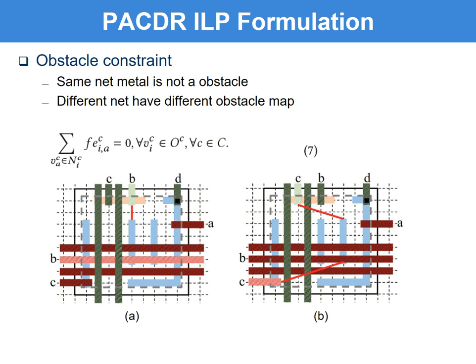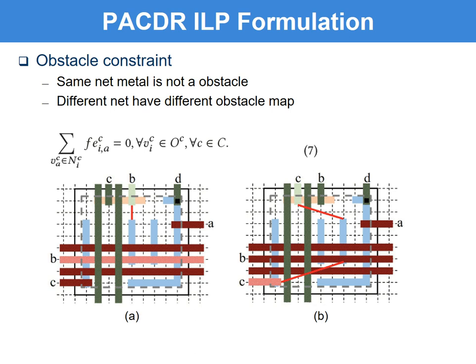The use of an obstacle map in our ILP formulation allows for the differentiation of obstacles based on various nets. This map aids in identifying the specific obstacles for each connection, thus enabling the routing of the same net while rendering other nets unroutable. Figure A demonstrates that net B, which includes its pin and segment, is considered routable, while the pins and segments of other nets are deemed obstacles.